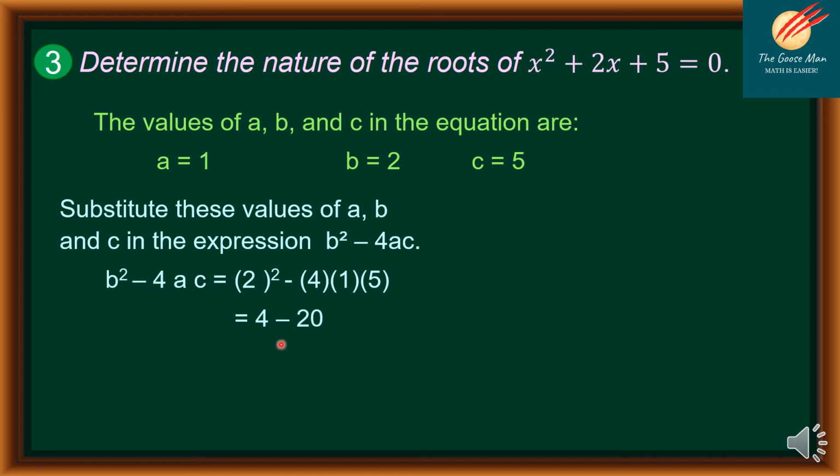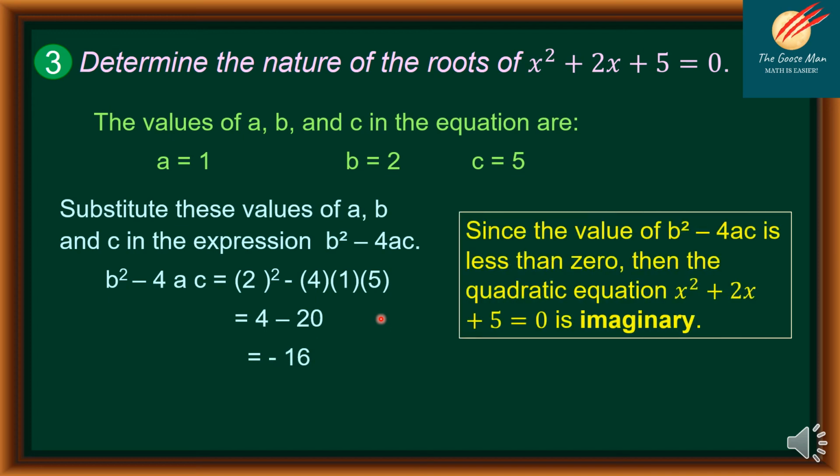So we come up with 4 minus 20, which is equal to negative 16. Since the value of b squared minus 4ac is less than 0, it means negative, then the quadratic equation x squared plus 2x plus 5 is equal to 0 is imaginary.